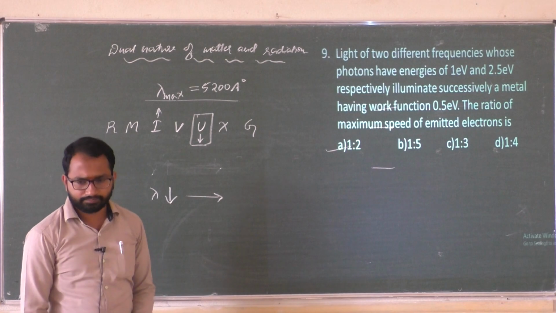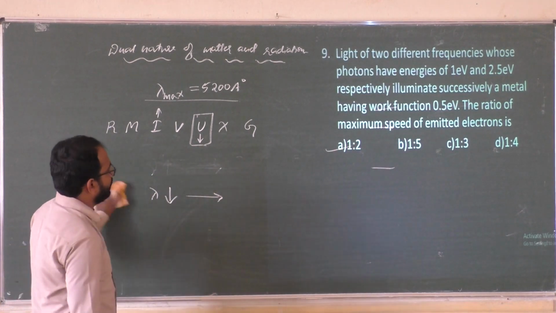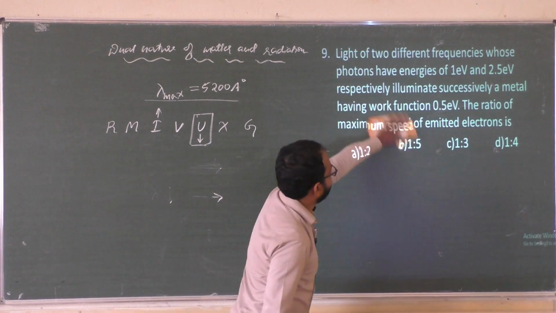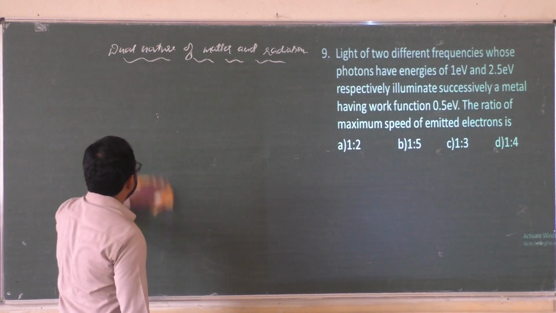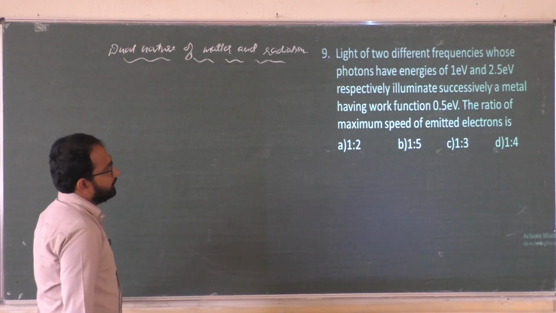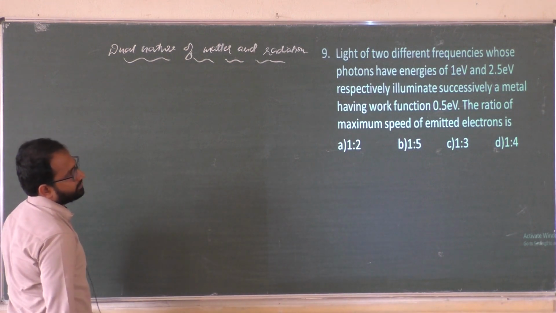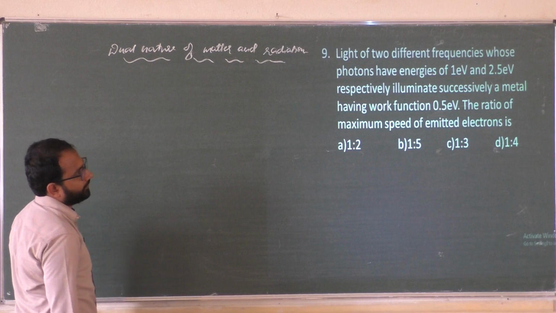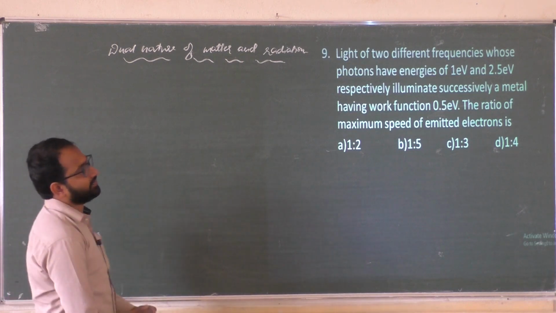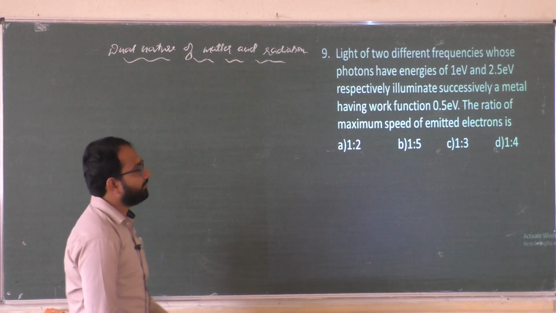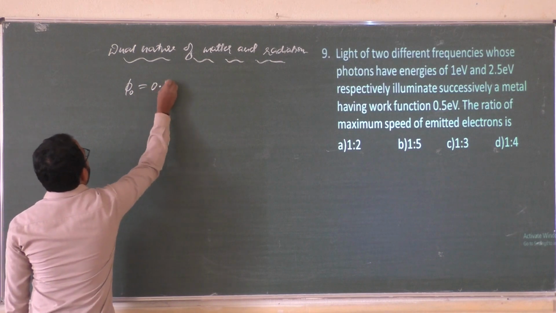Photons illuminate successively, one after the other, a metal having work function 0.5 electron volt.